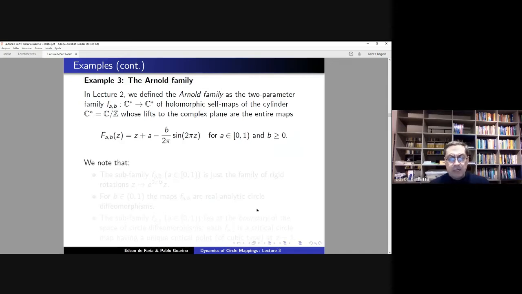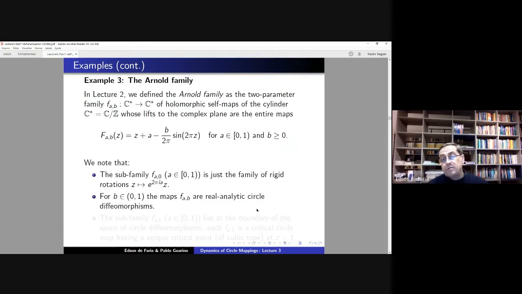We already mentioned these maps, and in fact, I even plotted the devil staircase that you get when you fix b and vary a, right? So when you set b equal to 0, of course, you only get pure rotations. You get maps of the type z goes to e to the 2 pi i a times z, okay? So a is just a rotation number in that case. But as soon as b is different from 0, what you get is no longer rotations, but the maps are still real analytic.